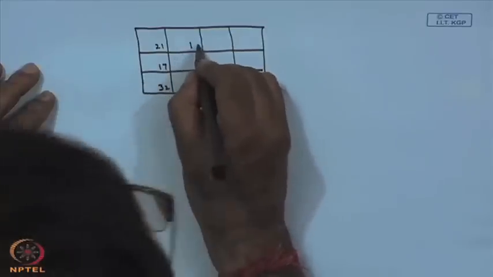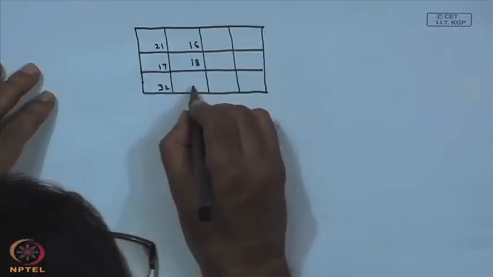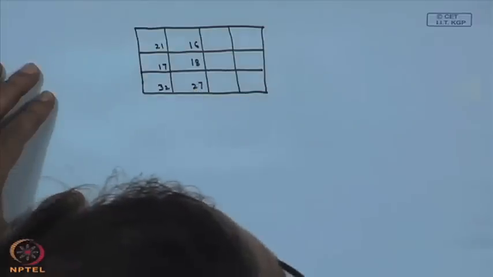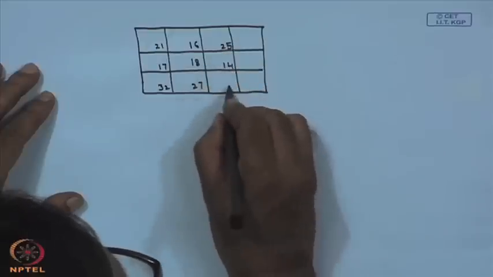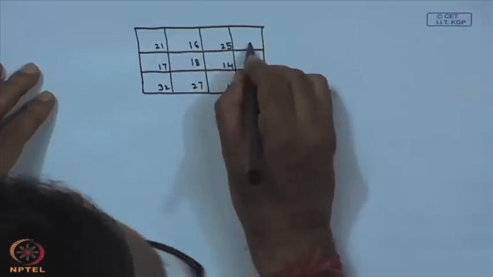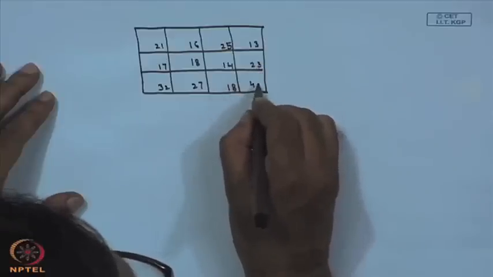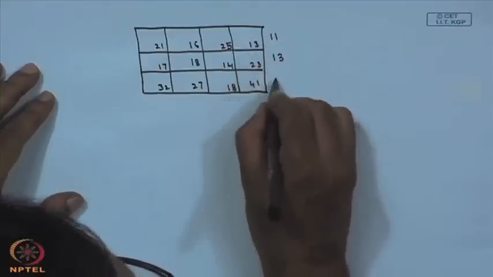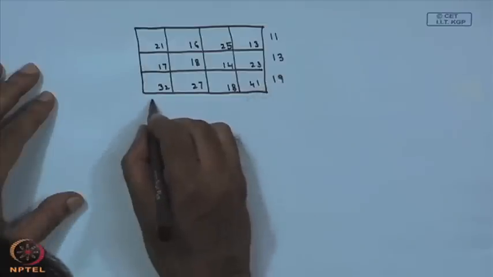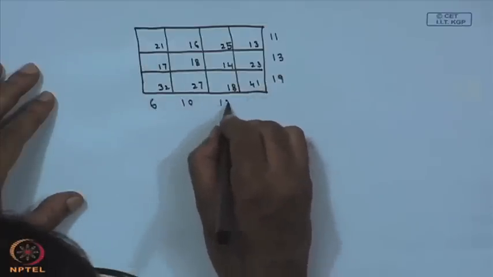Here it is 16, 18 and 27. Then we have 25, 14 and 18. We have 13, 23 and 41. The availabilities are 11, 13 and 19, whereas the demands are 6, 10, 12 and 15.